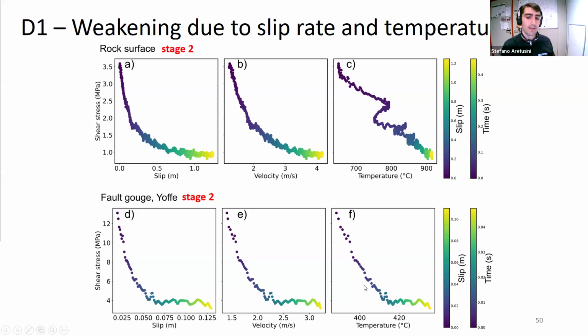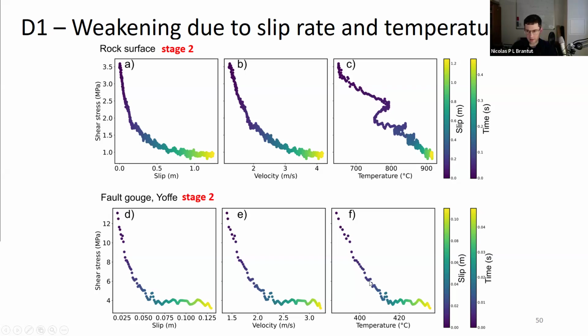So it's always a balance between the weakness of the material and how fast it's actually slipping, to have a heat source high enough to trigger some eventual thermally induced weakening process.